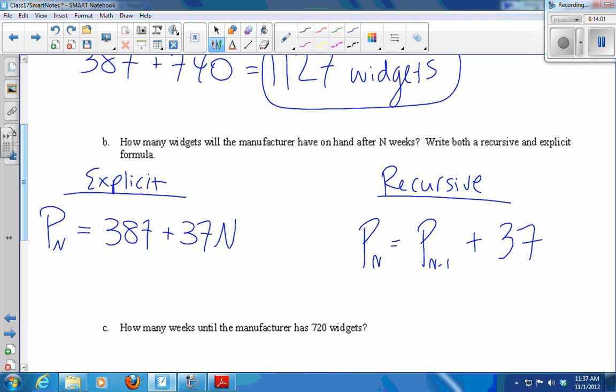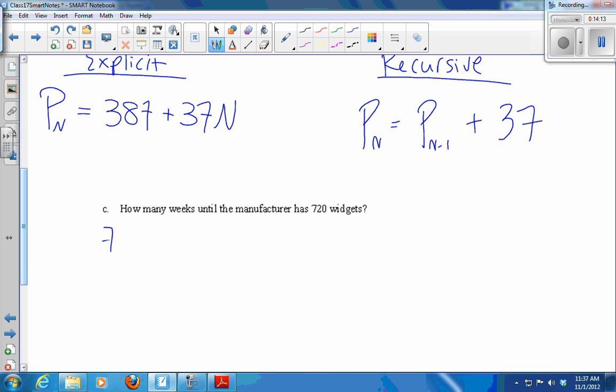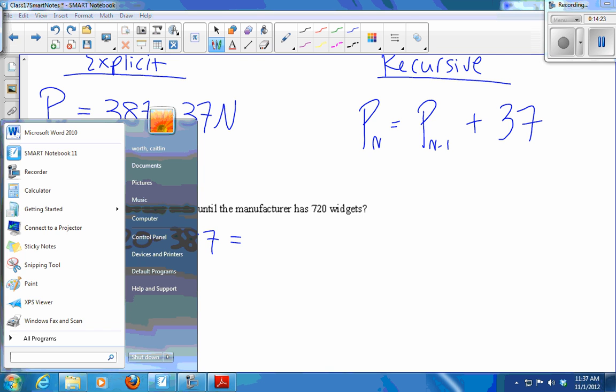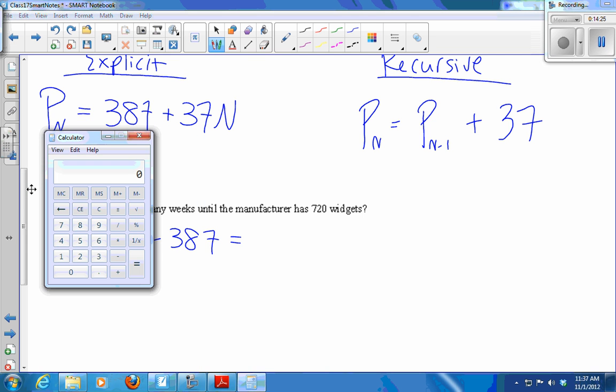And then how long until the manufacturer has 720 widgets? Anybody get this one? How'd you come up with it? Okay, so you're saying if I subtract the original amount, that comes out to 333.